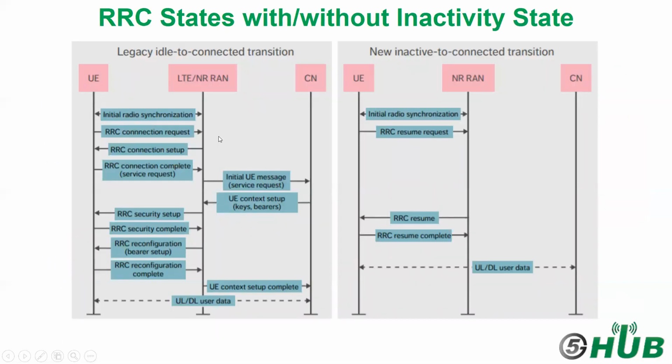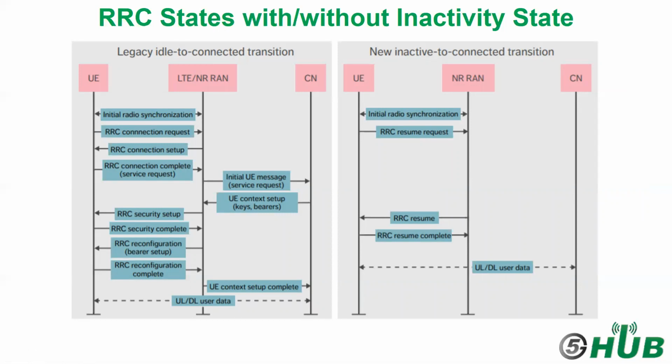Here we can see the difference between RRC state with inactivity state and without inactivity state. You will see that with the inactivity state, the resume procedure will reduce the number of RRC messages exchanged over the radio interface between user equipment and the RAN to 3, down from 7 for the idle state.